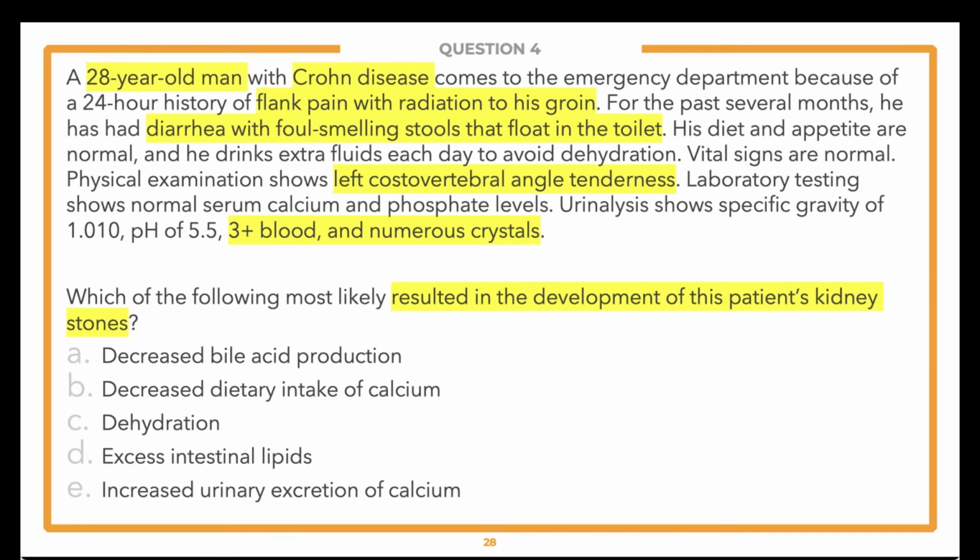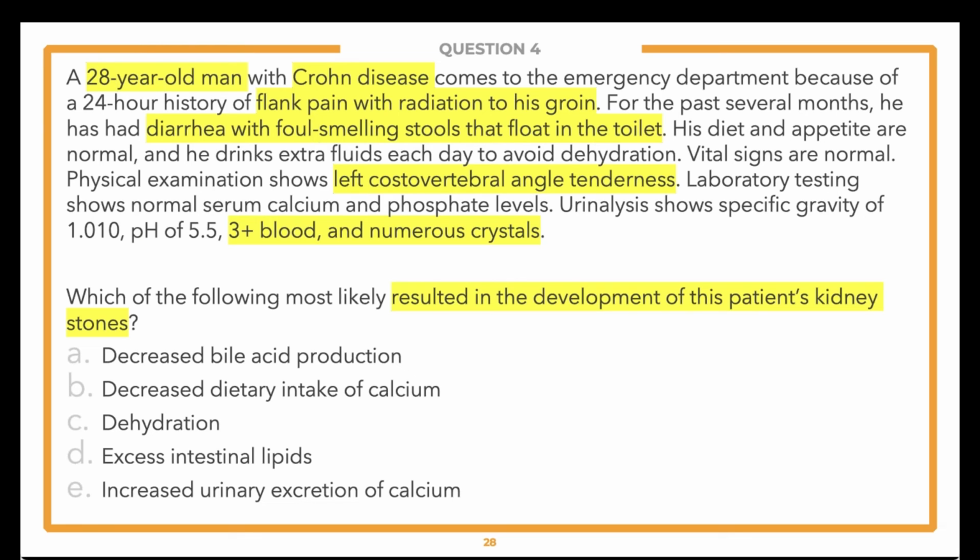All right, let's look at option E, increased urinary excretion of calcium. Option D, excess intestinal lipids. Option C, dehydration. Option B, decreased dietary intake of calcium. Option A, decreased bile acid production.